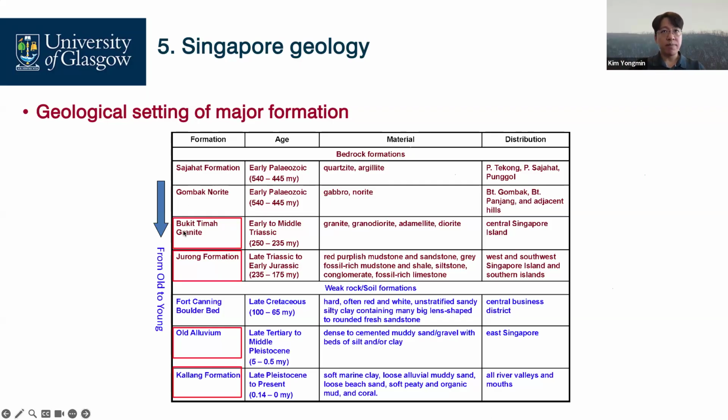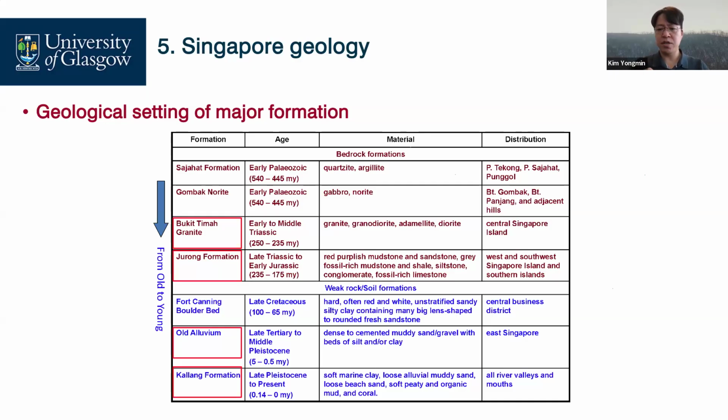And then the Bukit Timah Granite is mainly comprised of granite, granodiorite, adamellite, something like that. It is located in the central part of Singapore, actually all over Singapore. Old Alluvium, from the late Tertiary and middle Pliocene, is mainly comprised of dense to cemented silt and clay.